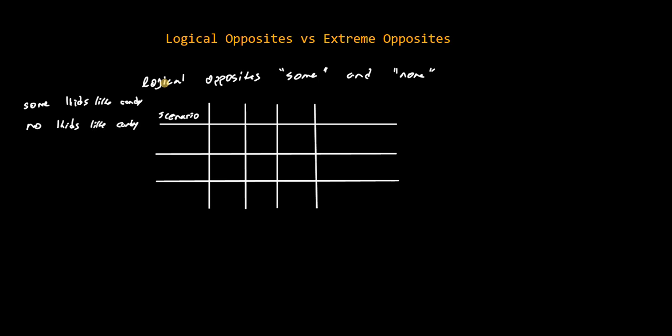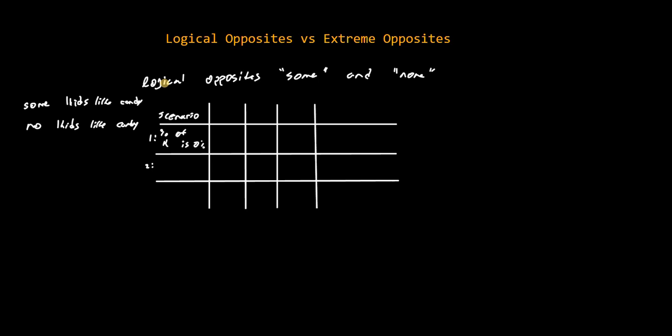Okay. So scenario 1 could be the percentage of kids that like candy is 0. I'll just say percentage of K is 0. 0%. In scenario 2, the percentage of kids that likes candy is more than 0 but less than 100.